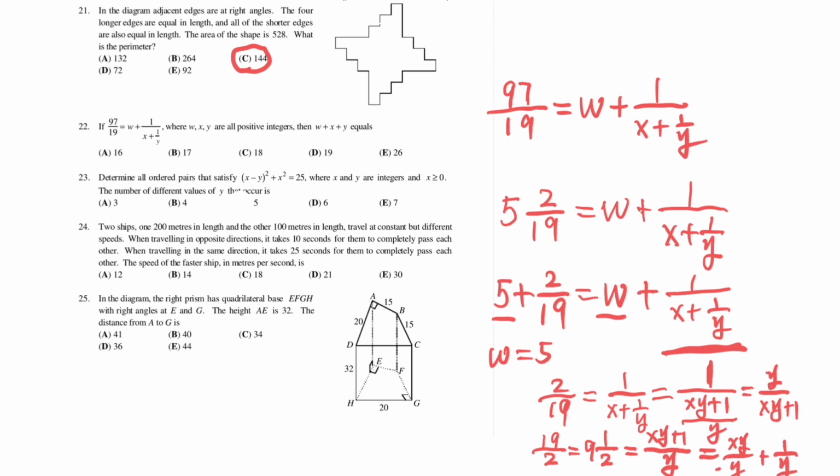Xy over y, cancel y, gives us x. So I write down here x equals 9. Look at here: x equals 9, that's the integer part.